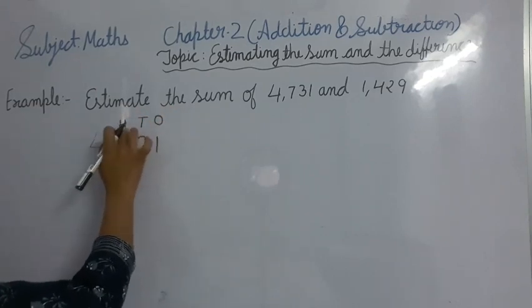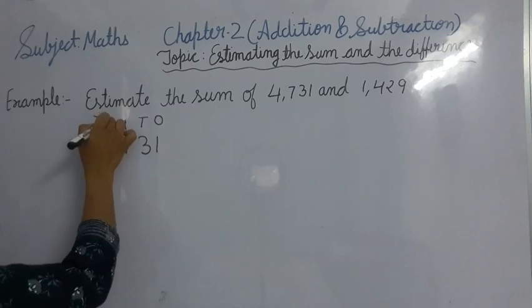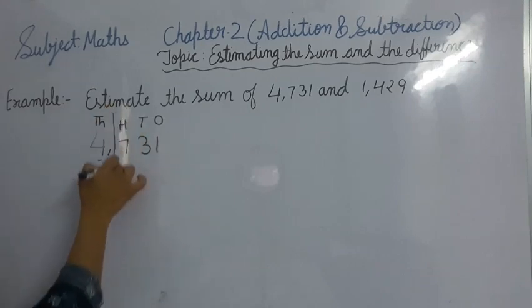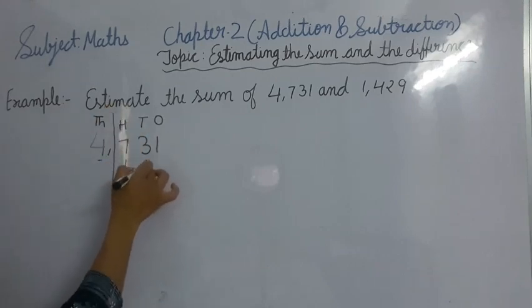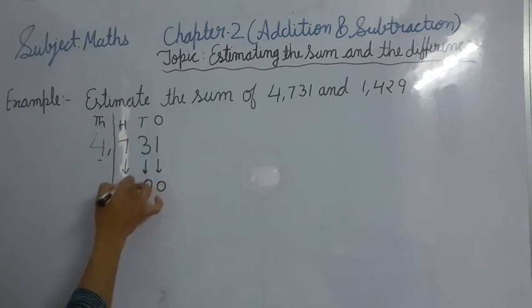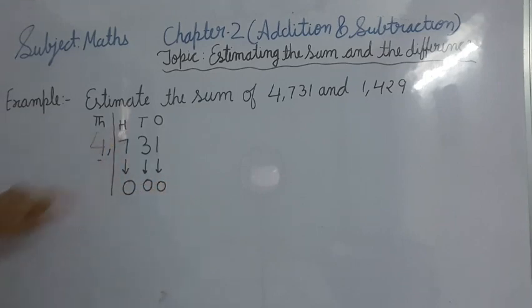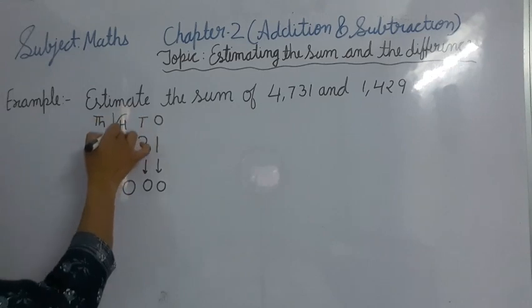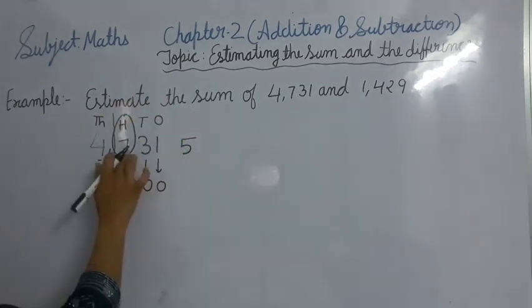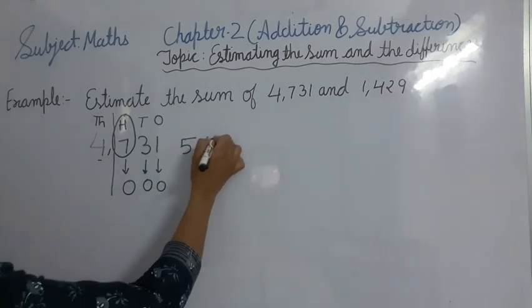This is ones, tens, hundreds and thousands. If you want to round off to the nearest 1000, you have to change all the digits before the thousands to 0, and we have to compare the digit in the hundreds place with 5. So 7 is greater than 5.